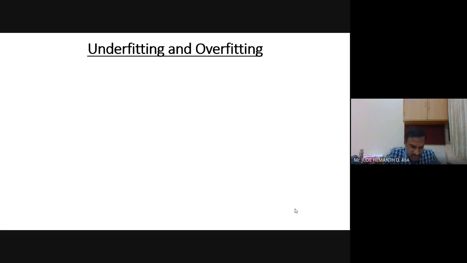So today we are going to see the third concept related to machine learning, which is called underfitting and overfitting. Normally, whenever we go to buy a shirt or dresses, we always go to the trial room. Without a trial room, we hesitate to buy that product.